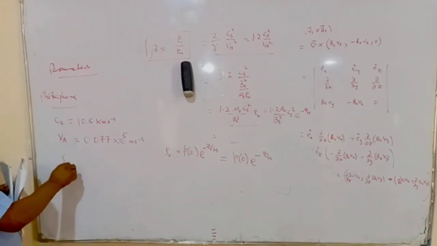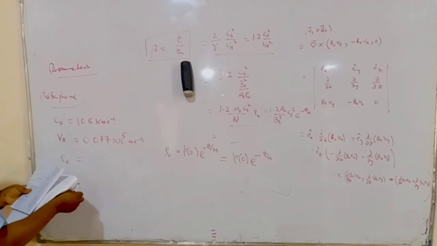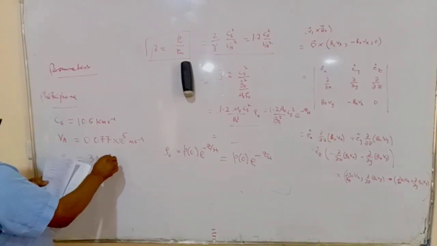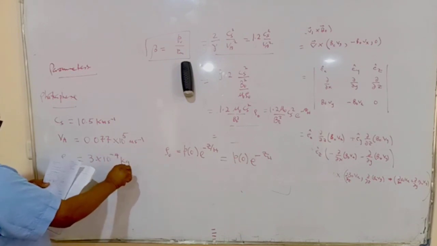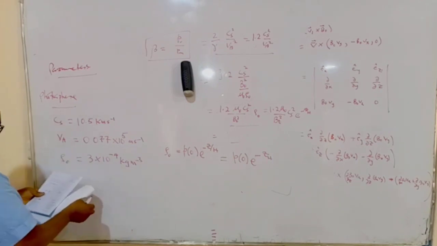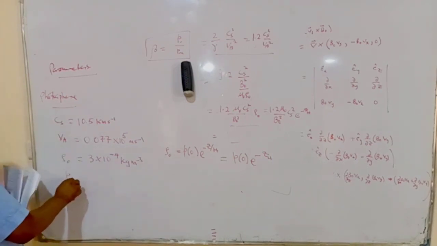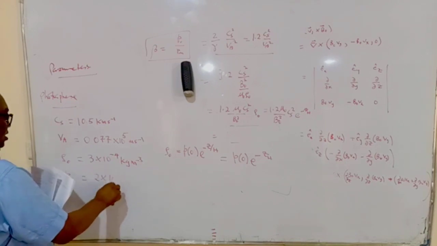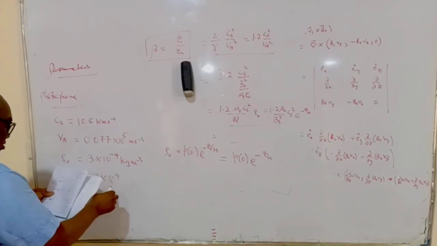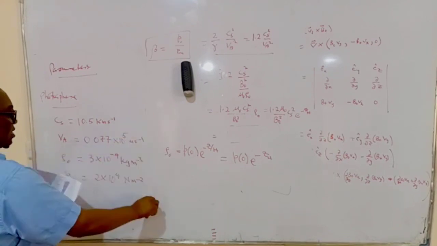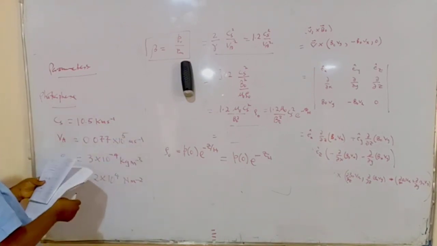And rho zero is 3 times 10 to the minus 4 kilogram per cubic meter, and P0 is giving us 2 times 10 raised to power 4 Newton per square meter. These are some things you are going to see.